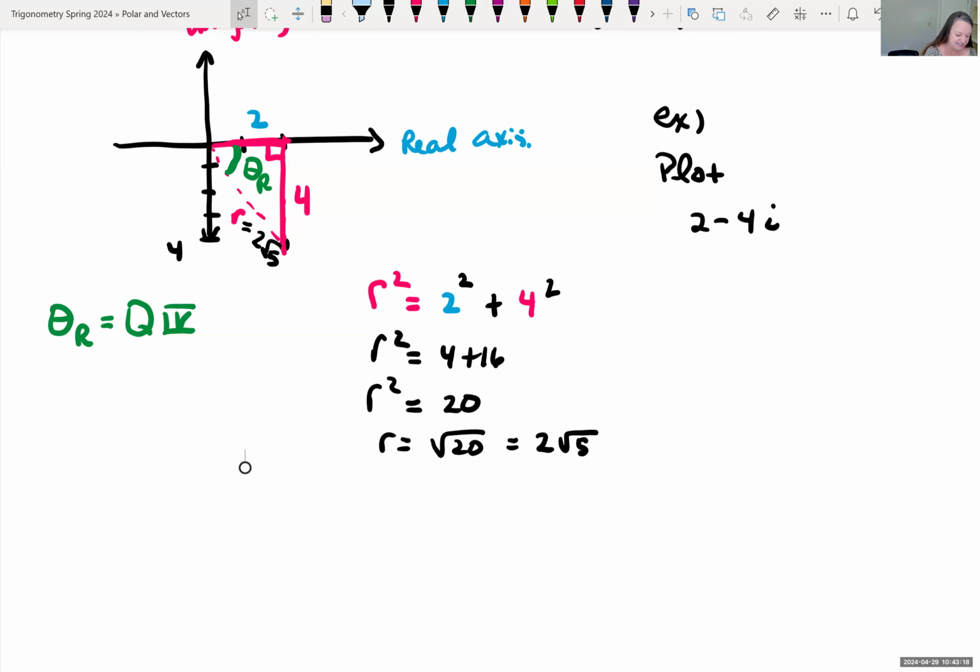If we looked at tangent of theta sub r, this is equal to opposite, which is 4, over hypotenuse. I'm not hypotenuse, opposite over adjacent, which is 2. So tangent theta sub r is equal to 2.